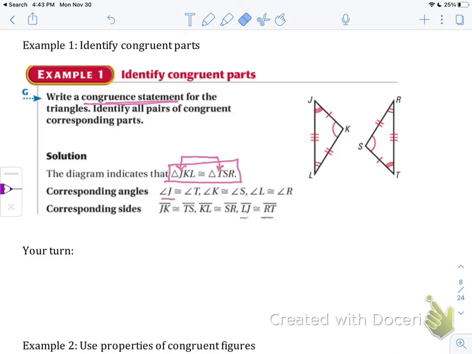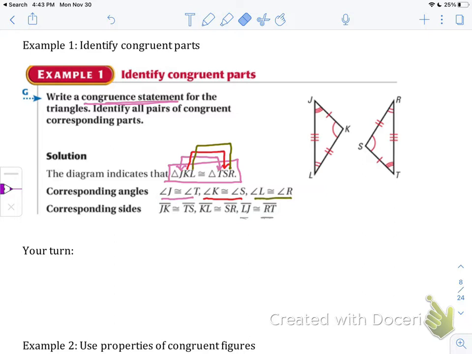That's what we have right here. And then K is congruent to S. That's what we have here. And then lastly, L is congruent to R. And that's what we have here.